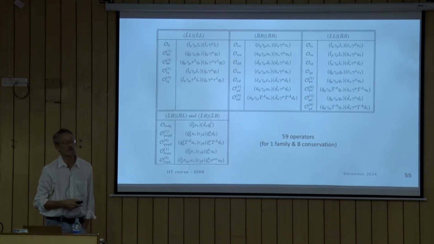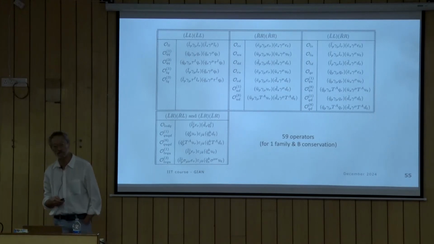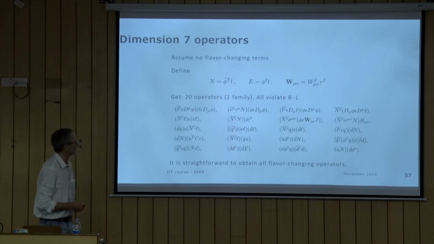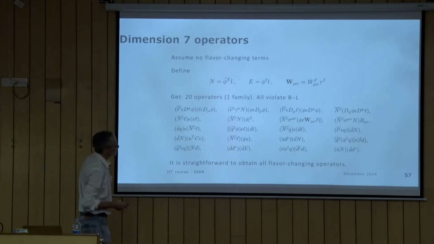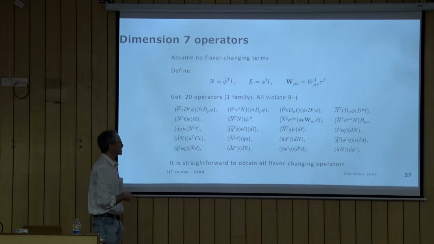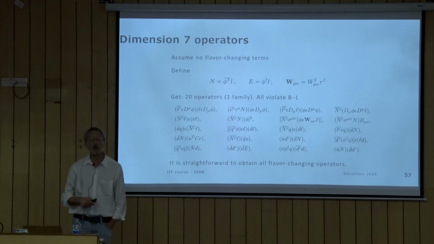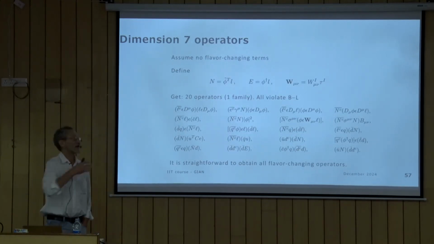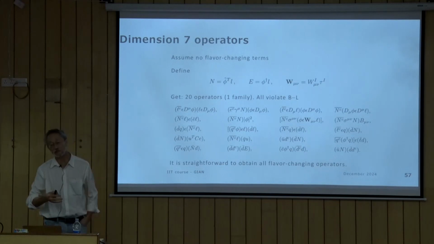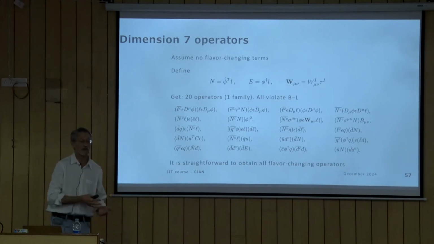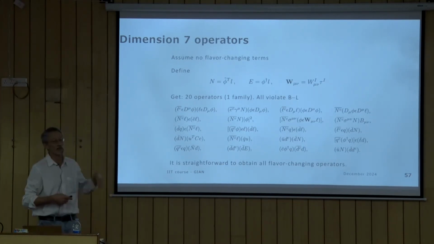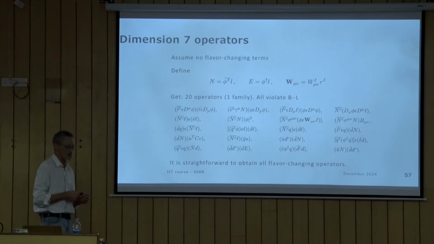But the fact is that the standard model does not have a scalar like that. And so the dimension 7 operators that I've listed here are the ones corresponding to the low energy physics being the standard model, and they all violate B minus L. But why bother? I've been telling you, larger dimension, lower effects. We're already having no effects with dimension 6, and now I'm telling you to go and look at dimension 7.